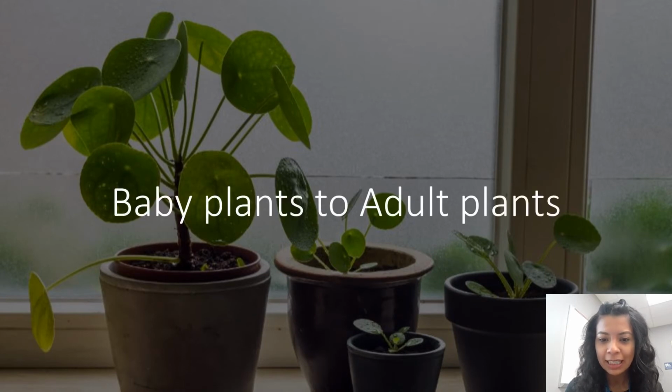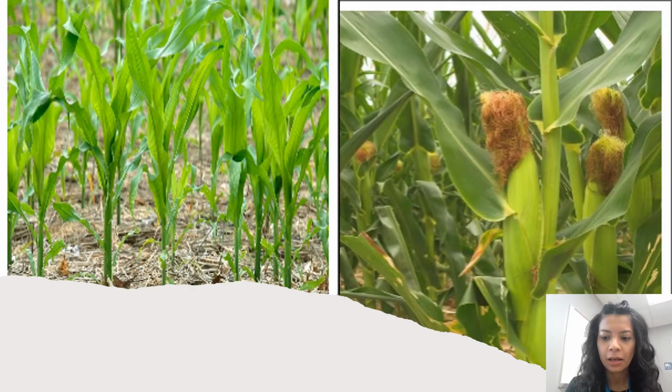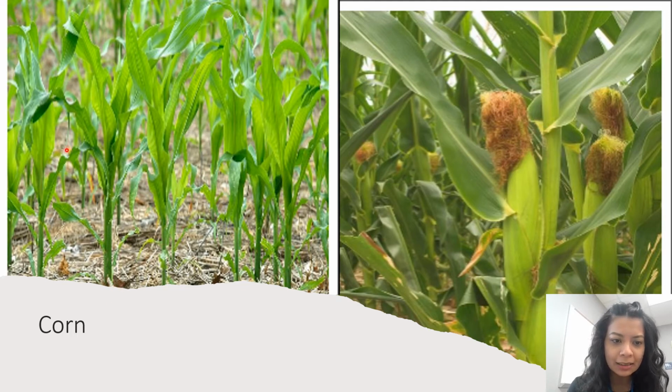Now we're going to be looking at some baby plants grow into adult plants. We're going to see how these baby plants look like they're adult plants once they're fully grown. Our first plant here, we have corn. And we see here on this side that the corn, this is the baby plant. And on the other side is a fully grown adult plant. But if we compare both of these pictures, we see that their leaves are almost hanging over.